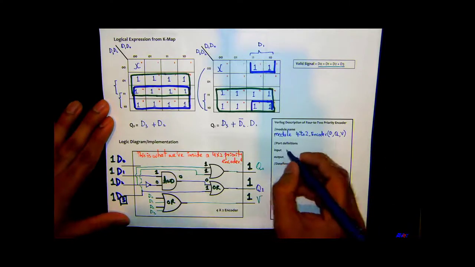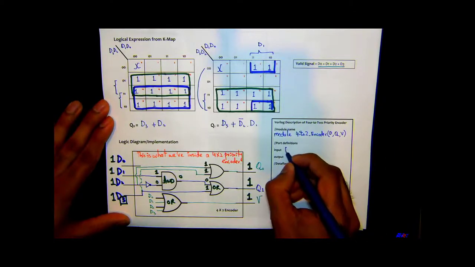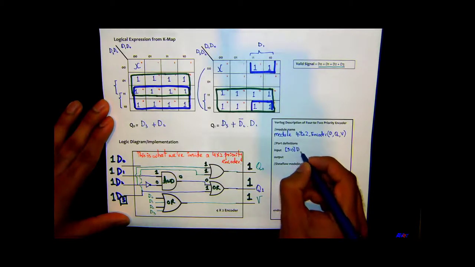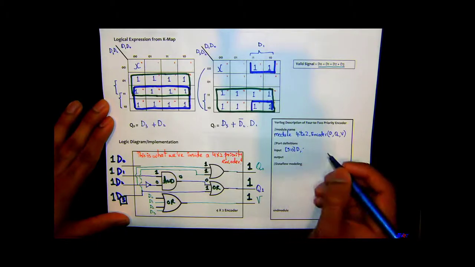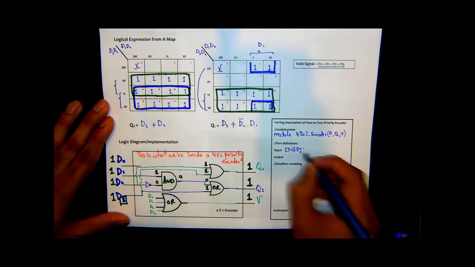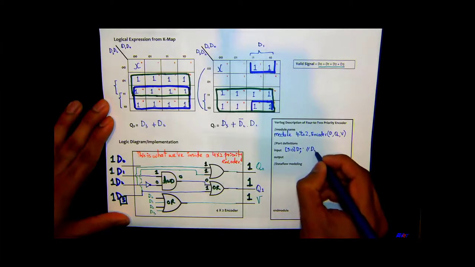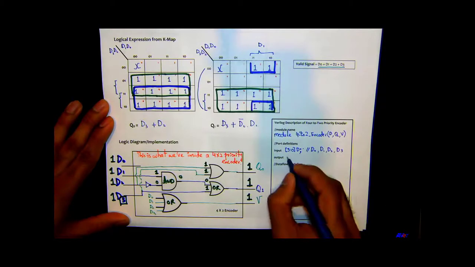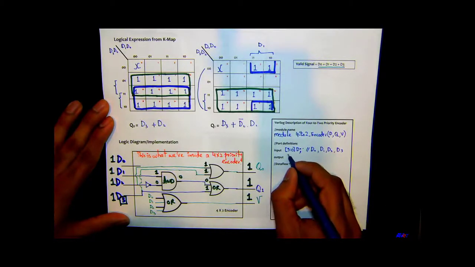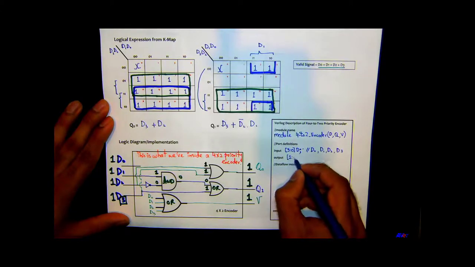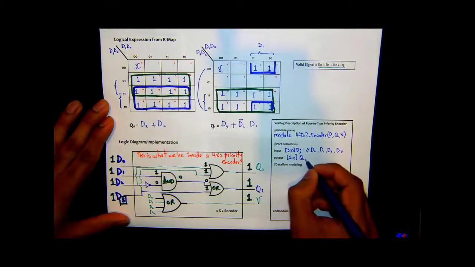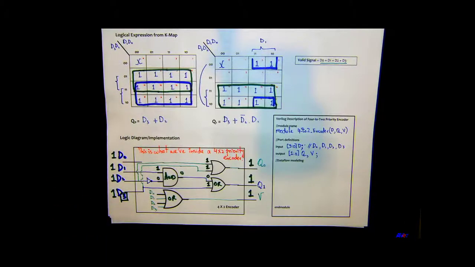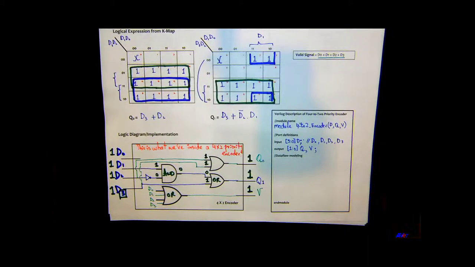Okay, we define our inputs, so I'll just do it as an array. So we have 4 of those D, comma. That's all we have. So these are basically D0, D1, D2 and D3. At the output we have Q, and we have Q0, Q1, so 1, 0, Q, comma, and then we have valid signal V. Okay, we're going to go with data flow modeling because structural modeling may be too much here.